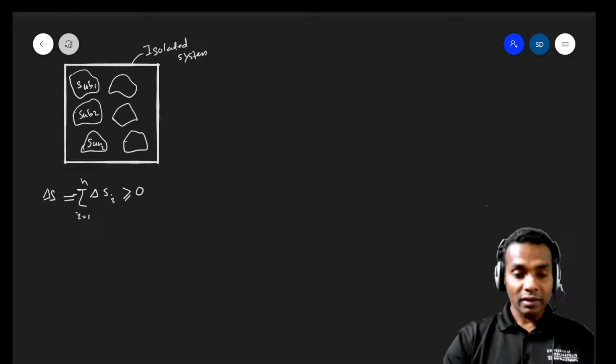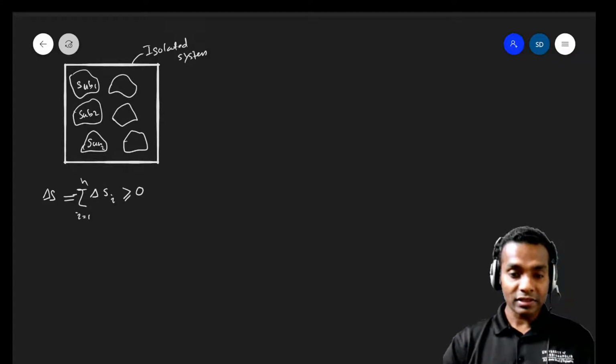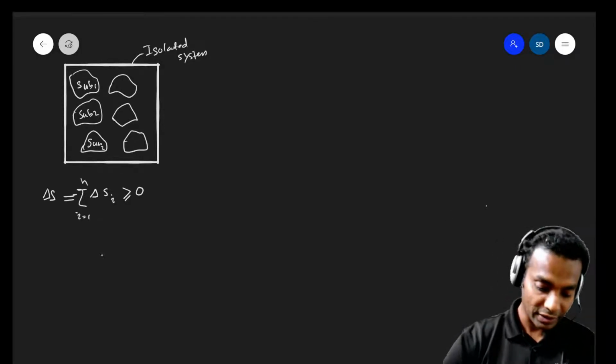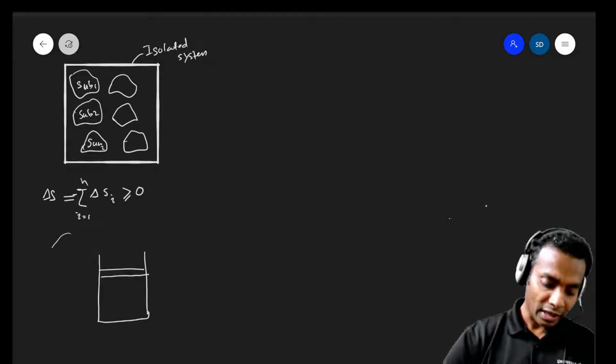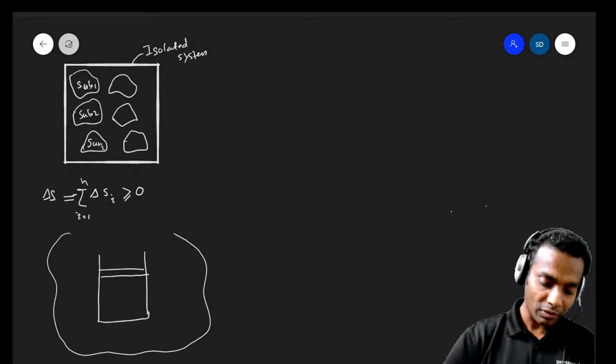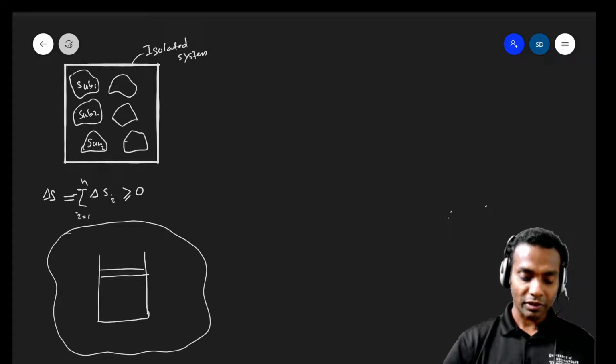Now we can take back this ideology into one system and its surroundings. So let's say you have a system like this, and I can draw a boundary line because I am the one who's going to define. We can define whatever system that we like.